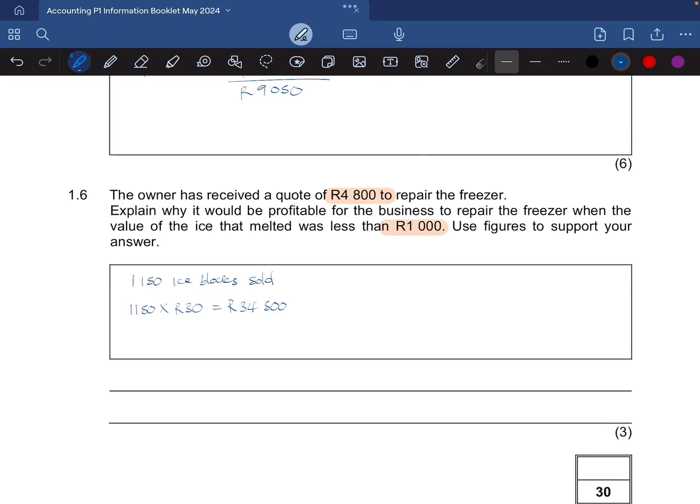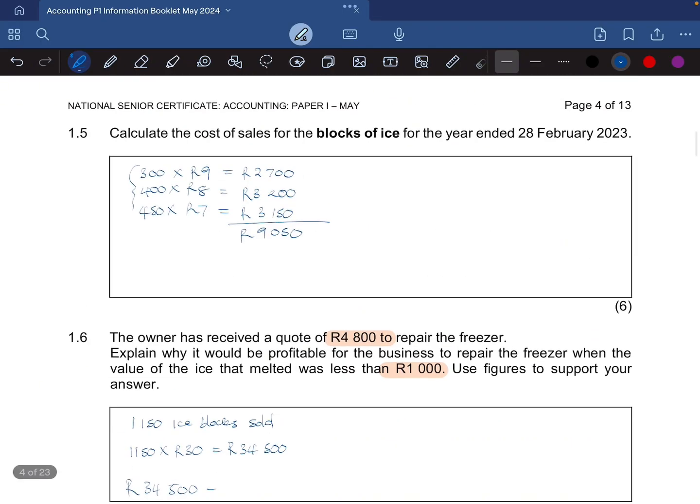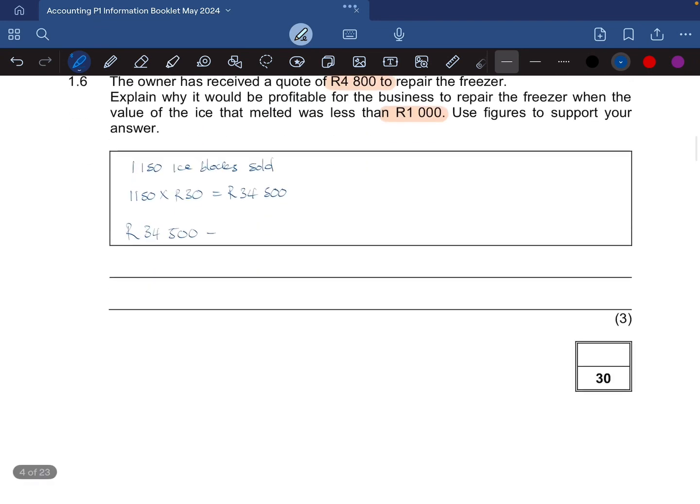Now we are going to take the 34,500 and subtract the cost of sales, right, to see if we've made profit. Cost of sales, we've just calculated to be 9,050 worth of cost of sales. Now we are going to have the loss that we have made of 1,000, because we have lost 1,000 worth of ice blocks, right?